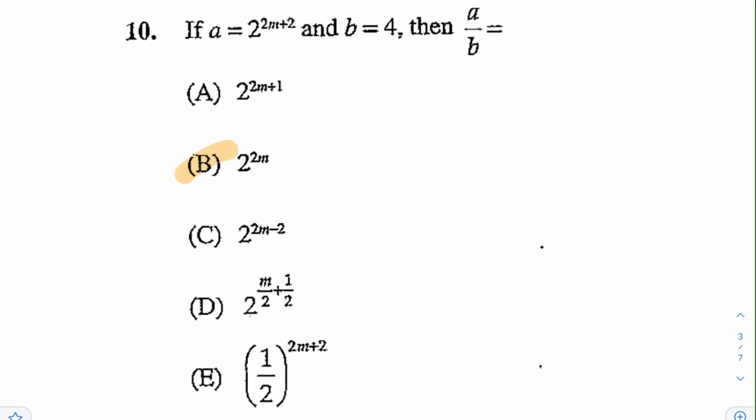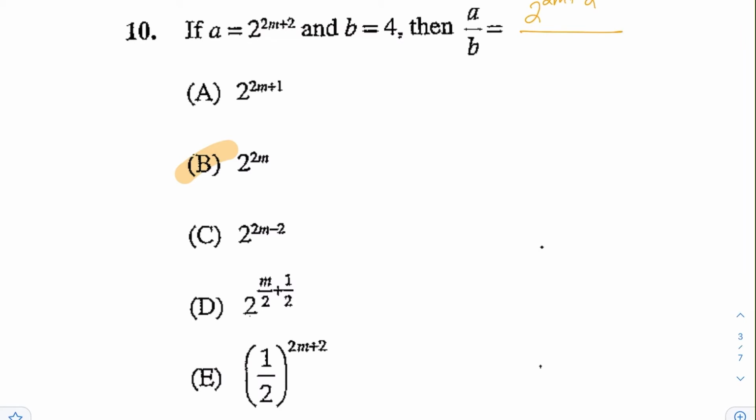Next, for number 10, if a is equal to 2 raised to the 2m plus 2, and b is equal to 4, then a divided by b is equal to. So here, you have to divide these two quantities. So the numerator is 2 raised to the 2m plus 2.